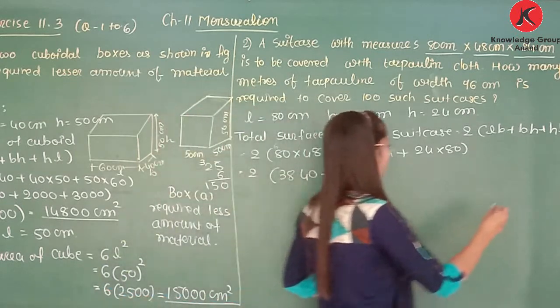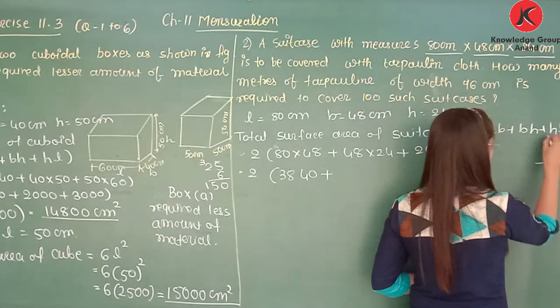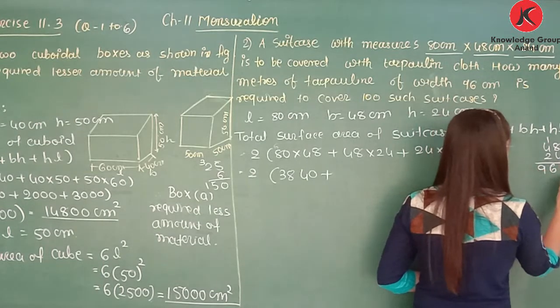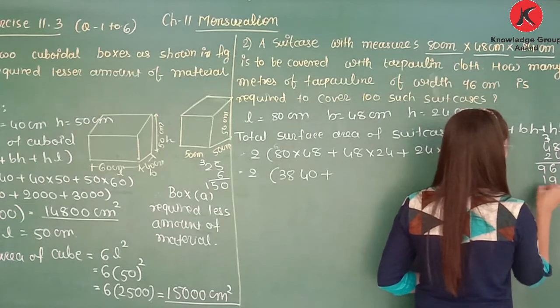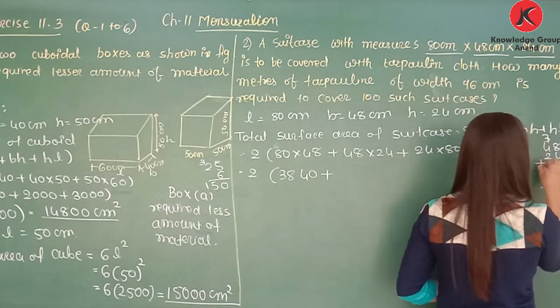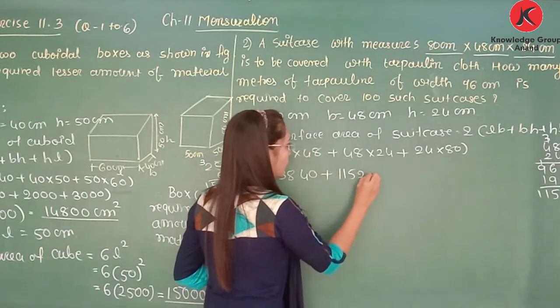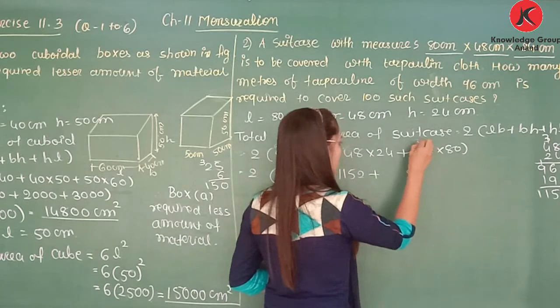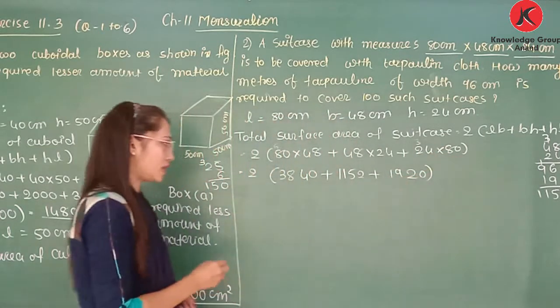Now 48 multiplied with 24 is 1152 plus 1920.